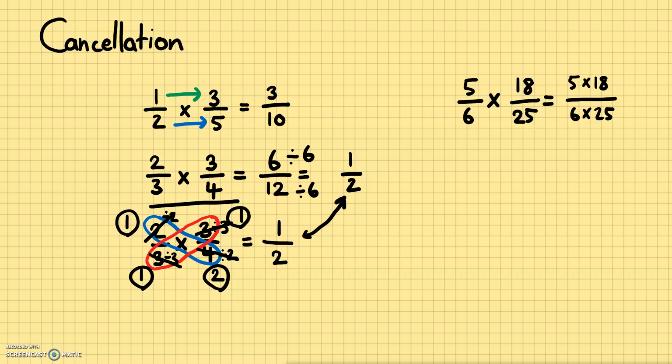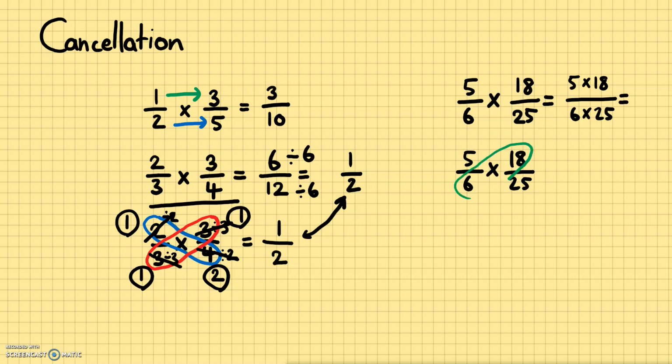And we can do this, but it takes a lot of time. So instead of doing this, we can just simply, let me rewrite the question down here. 5/6 times 18/25. We can simply do the reducing process beforehand.